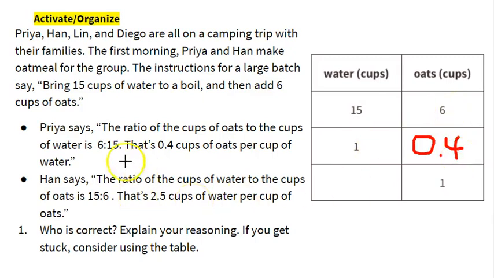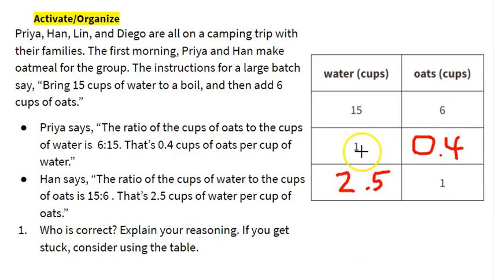And Han says that the ratio is 15 to 6 and that it's 2.5 cups of water per 1 cup of oats. Well, does that work? Is this still correct? Who's right? Both of them, really, right? Just depends on how you're reading it. They've read both the same ratio, however, they labeled it differently so that it almost sounds different. But in reality, they're actually coming up with the same thing.